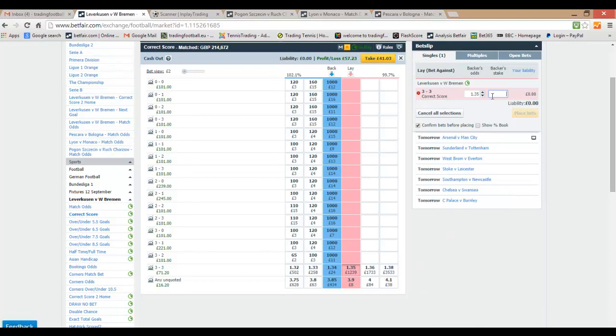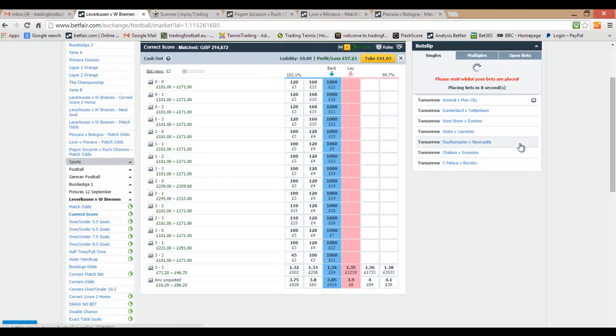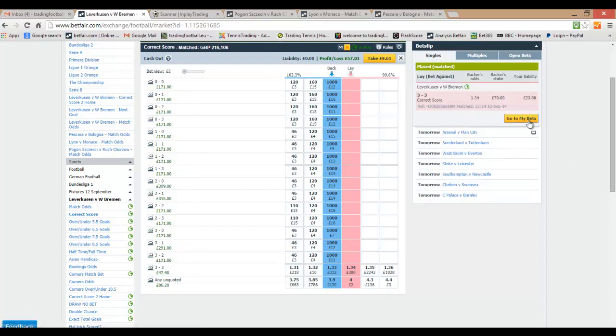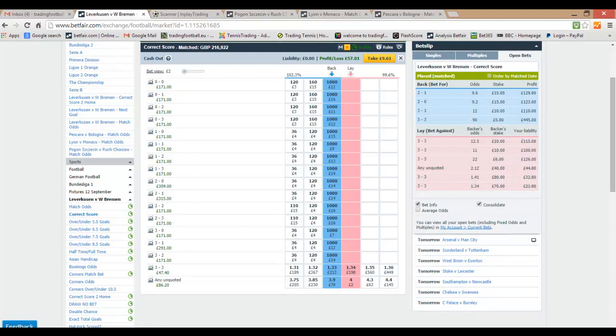I'm going to lay it again for £70 at 1.34. So that brings it down from that initial pre-match figure of £405 to £47.40. Got any unquoted, £86.